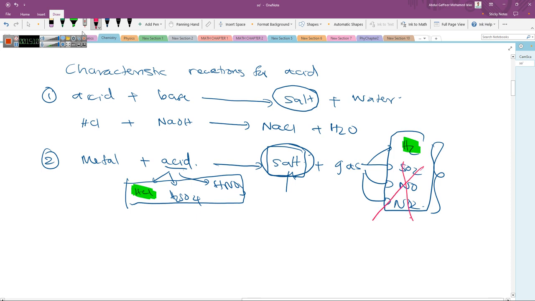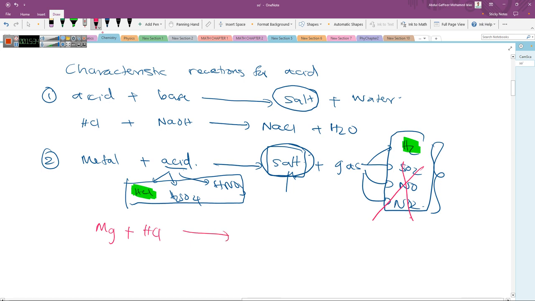Now if I take a simple example, let's say we take magnesium and we make it react with HCl, right?